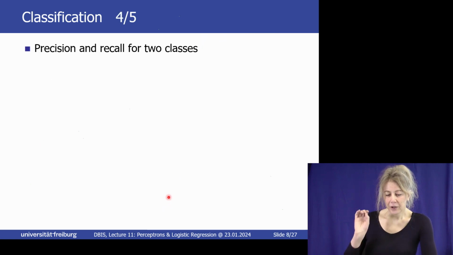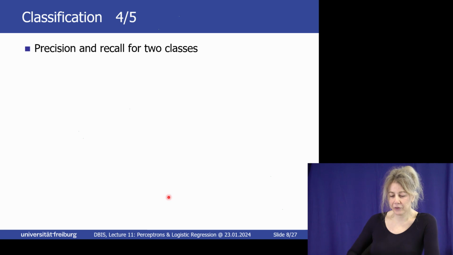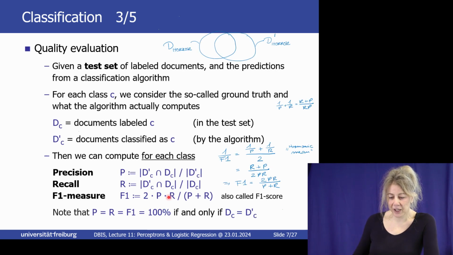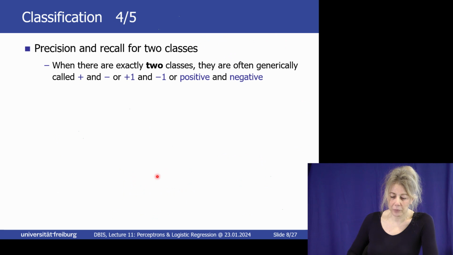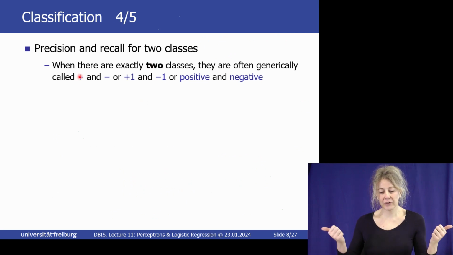Okay. We will mostly talk about two classes today, and also for the evaluation, for the exercise sheet, it's two classes. So you will look at this for two classes. And there's more terminology, because one very often has two-class problems. So for two classes, you often call the two classes plus and minus, the positive and the negative ones.